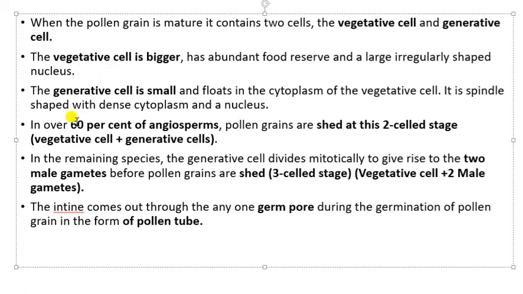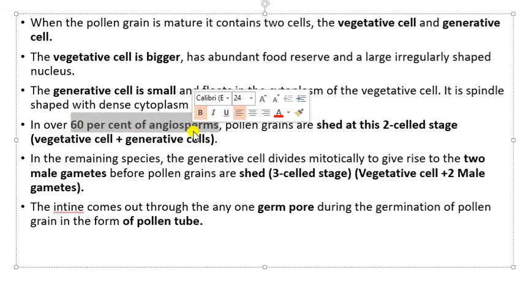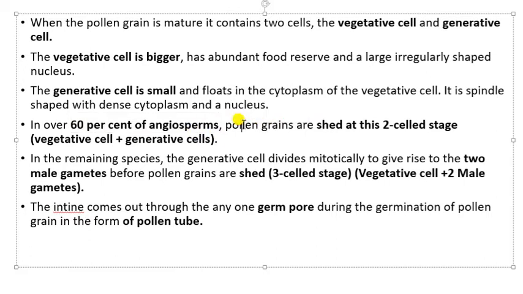Now, in 60% of angiosperms, the pollen grains are shed from the anthers at the two cell stage. That is, containing one vegetative cell and one generative cell. Whereas in the remaining species, the pollen grains are shed at the three cell stage.